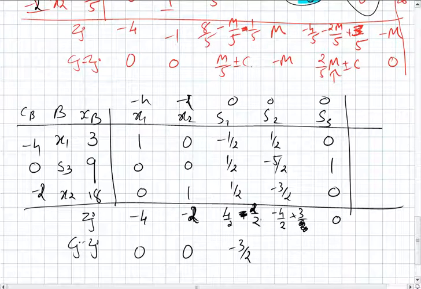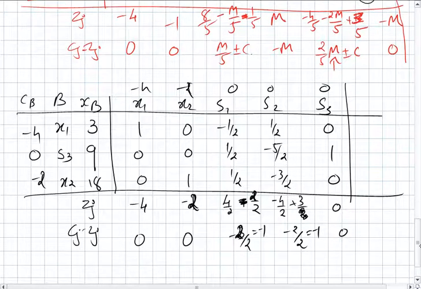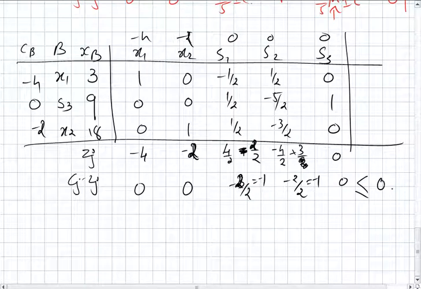So here minus 2 by 2, it is minus 1. Here it is 3 by 2, so minus 6 by 2, so minus 2 by 2, and that is again minus 1, and here it is 0. So all Cj minus Zj's are coming here less than or equal to 0. So this is your optimal solution.